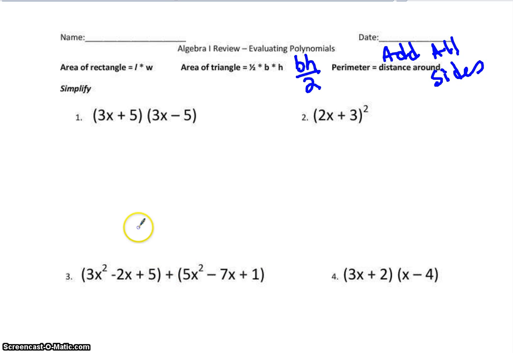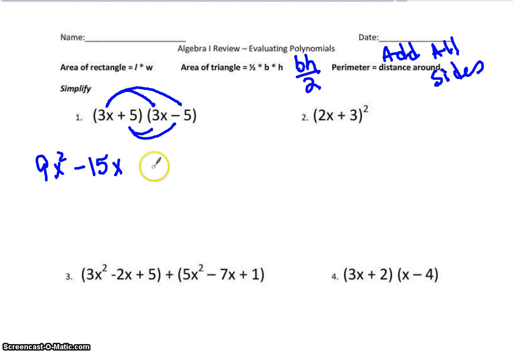So first of all, let's look at number 1, 3x plus 5 times 3x minus 5. You are multiplying because it's two sets of parentheses, so you will distribute your 3x and you will distribute your 5. 3x times 3x is 9x squared. 3x times negative 5 is minus 15x. 5 times 3x is plus 15x, and 5 times negative 5 is minus 25.